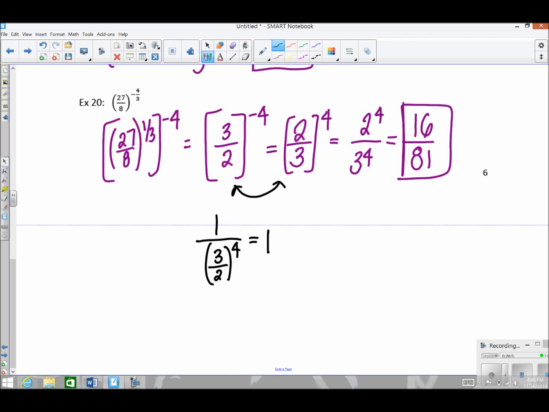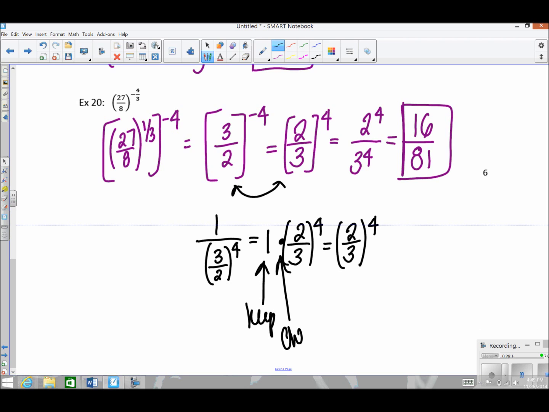So I keep, I change, and then I flip the bottom. So I end up with 2/3 to the fourth. So remember when you divide fractions, you keep, you change to multiplication, and then you flip the fraction. So that's how I did this shortcut. I just knew that I could just flip it and they would be equivalent.